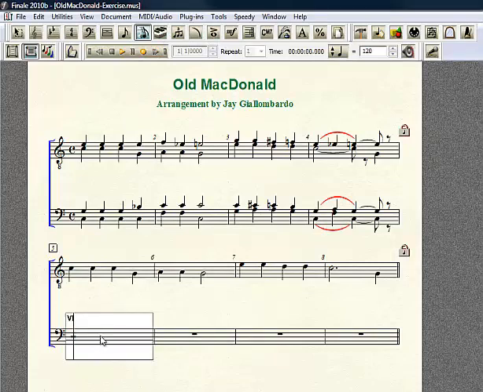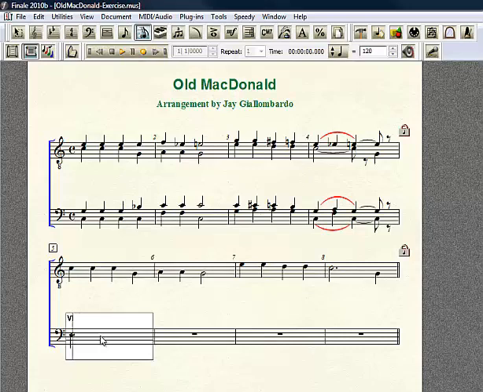So in the bass, a consonant interval would be C or E or A. The A is consonant with the C, or even the octave at C here. Those are all consonant intervals, one by one, with the melody note.